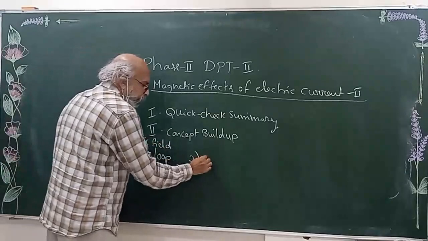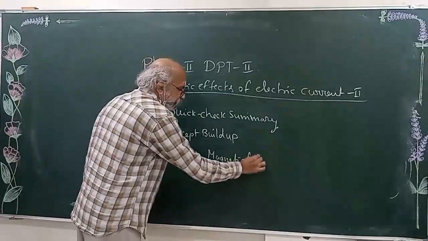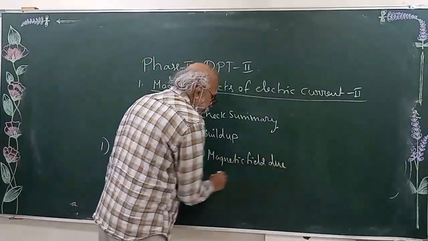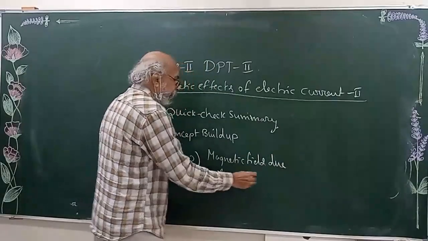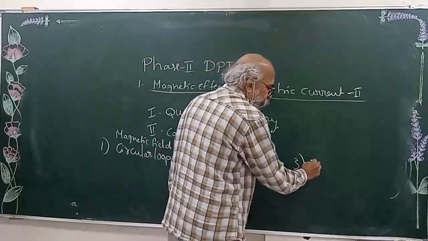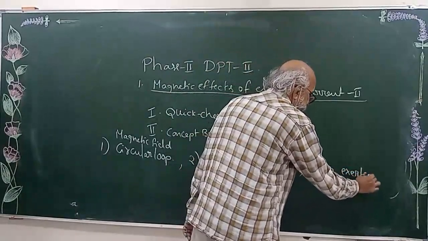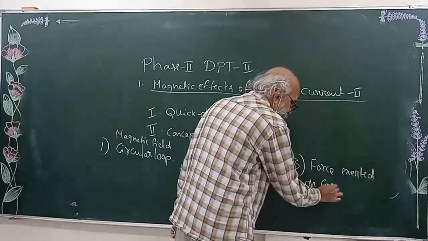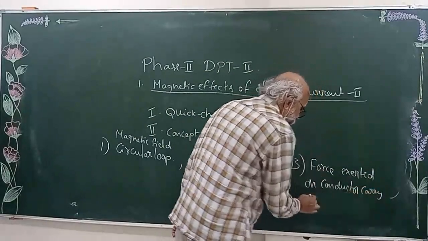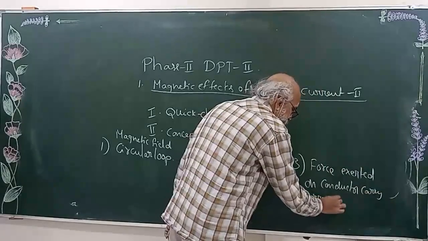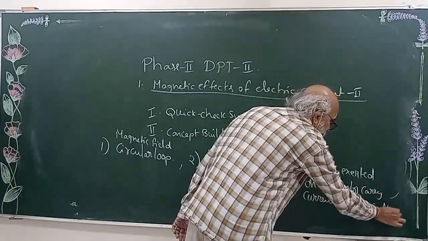Number 2, magnetic field due to solenoid, and the third one, force exerted on conductor carrying current placed in magnetic field.